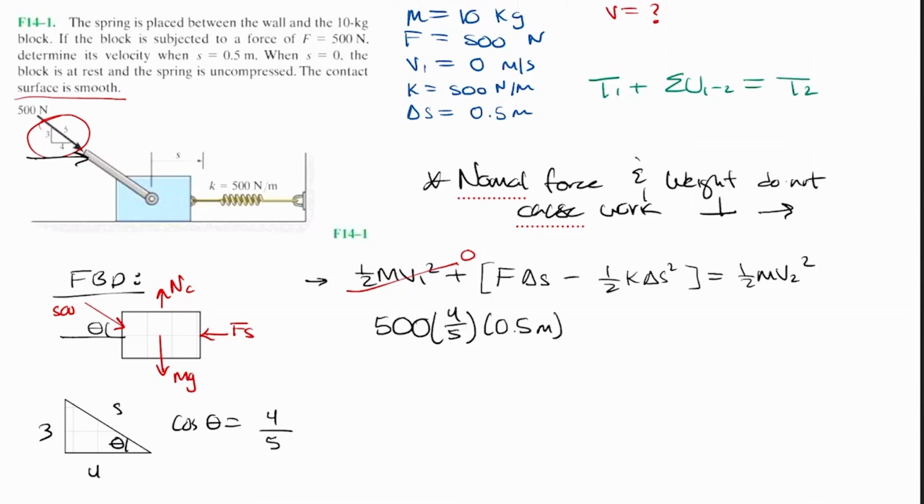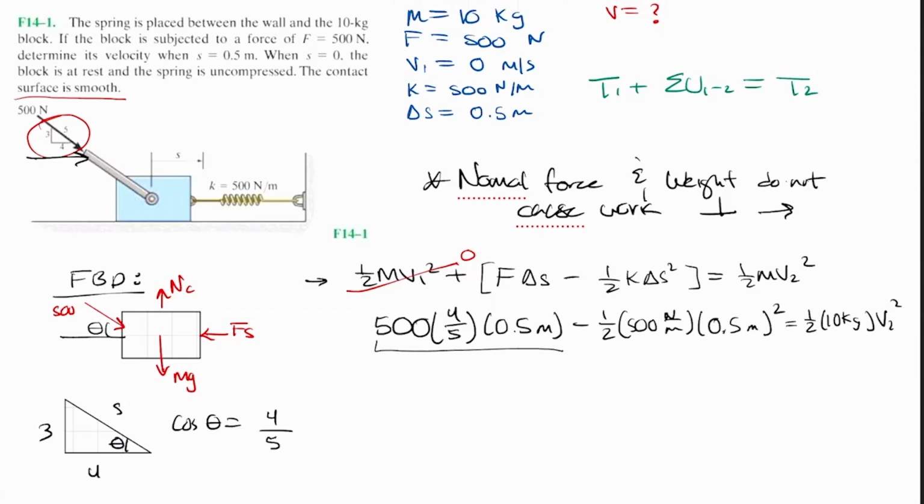And this will be minus 1/2 times the 500 newtons per meter for the stiffness times the 0.5 meters squared that we are displacing. Because we start from 0, I can just do that one squared. And this equals 1/2 the mass, which is 10 kilograms, times V2 squared.